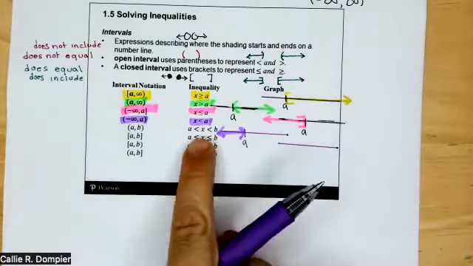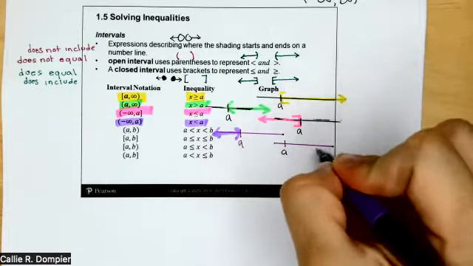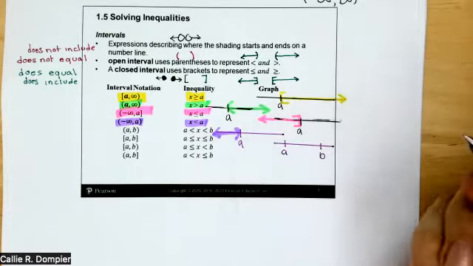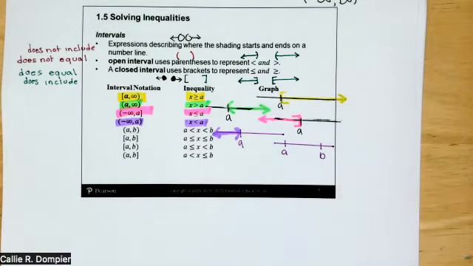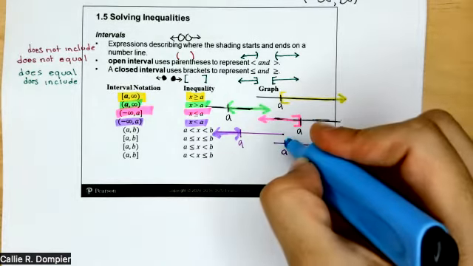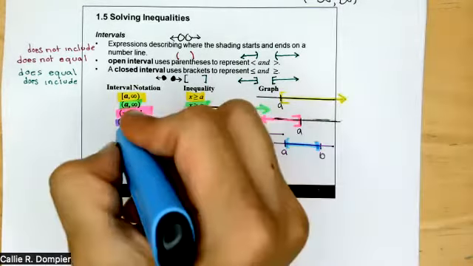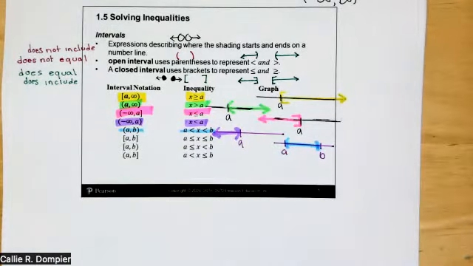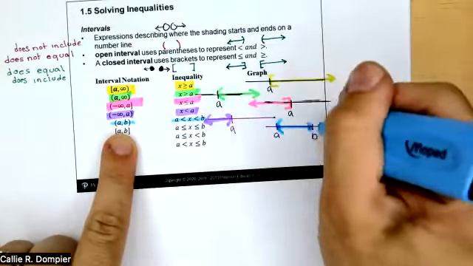So for that one, x is greater than a, x is less than b. But it doesn't include either of them, right? Because there were no equal signs. You can just take that interval notation and write it on your graph between a and b.